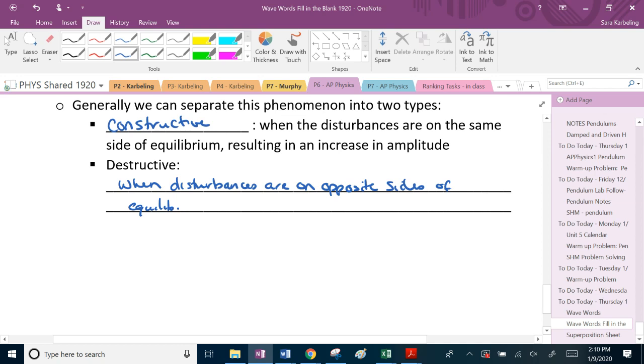Sometimes we differentiate between completely destructive and just partially destructive. If you have two things that have the same amplitude, it'll be completely destructive. If one's bigger than the other, it's just going to be partially destructive.